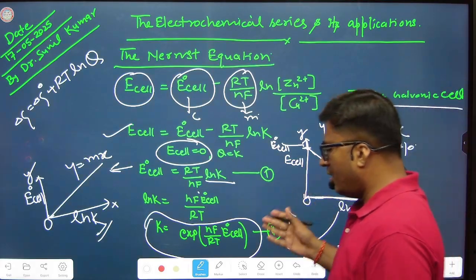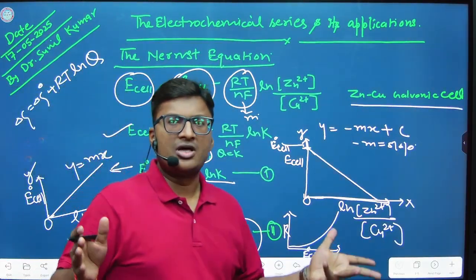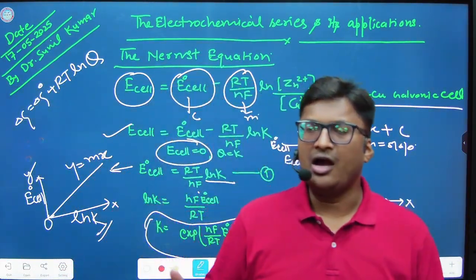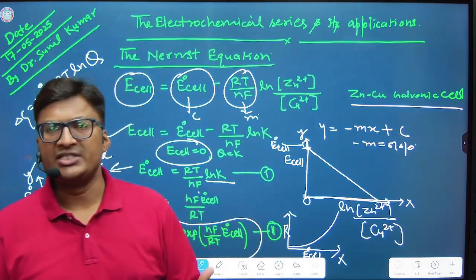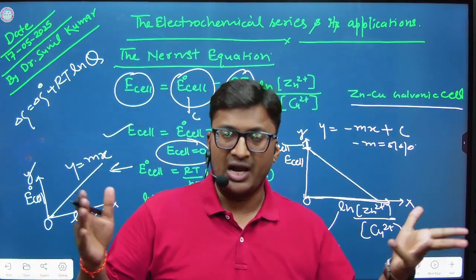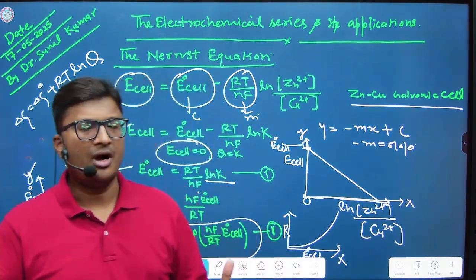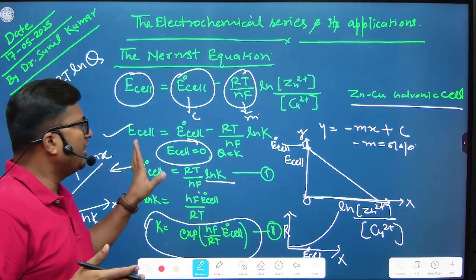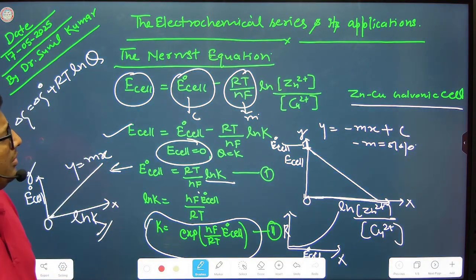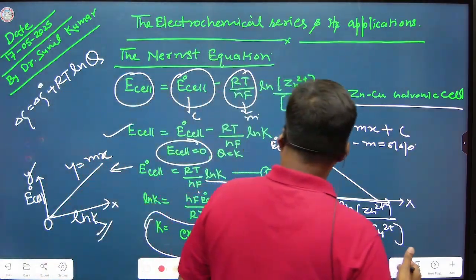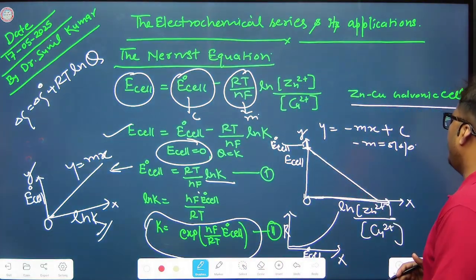So this is the graphical representation that gives us an idea about the variation of cell potential with respect to various parameters, right? So those parameters must be understood so that the concept is clear for electrochemical analysis or electrochemical studies, right?